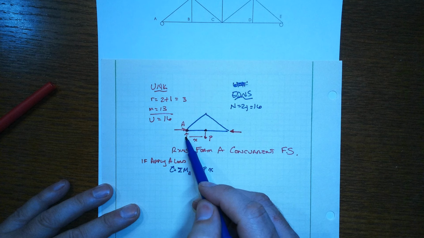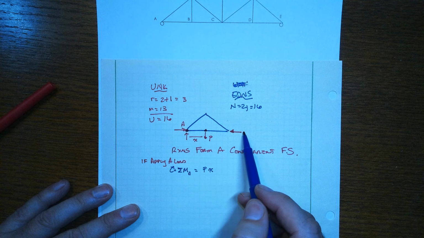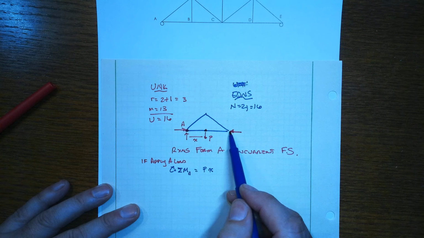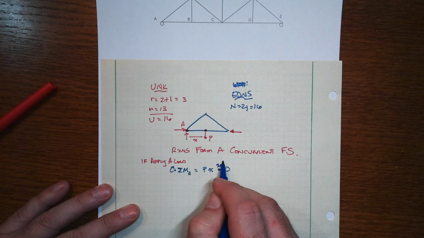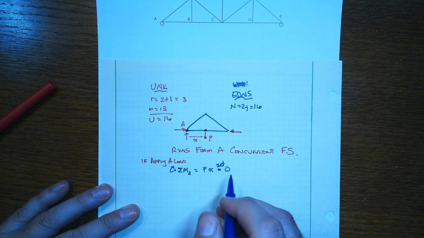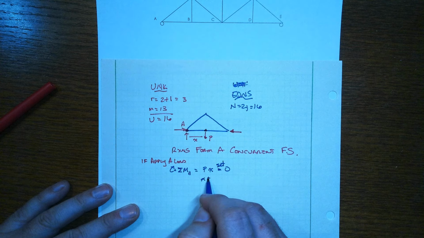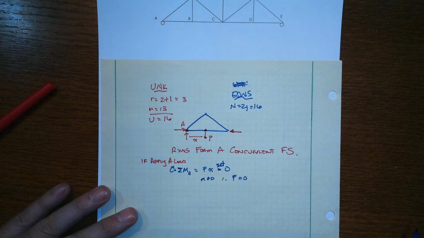The Y component of the reaction goes right through A, AX goes through A, and then this was called joint E, so EX goes also through A. It has no moment arm. Of course, if it's static equilibrium, that has to be set equal to 0, and the problem here is that X is not equal to 0, so therefore P must be equal to 0, or we can't resist any load.